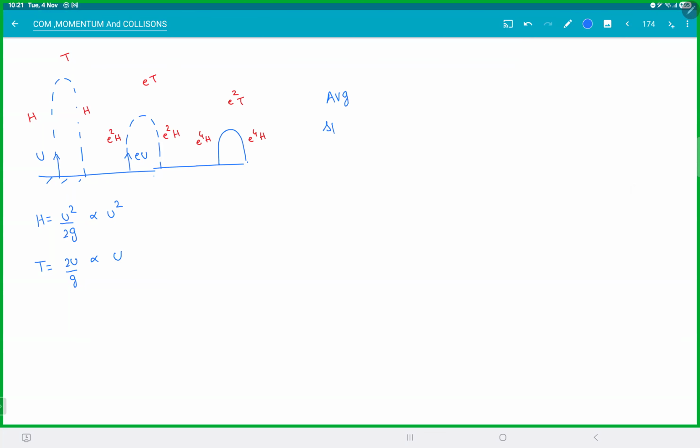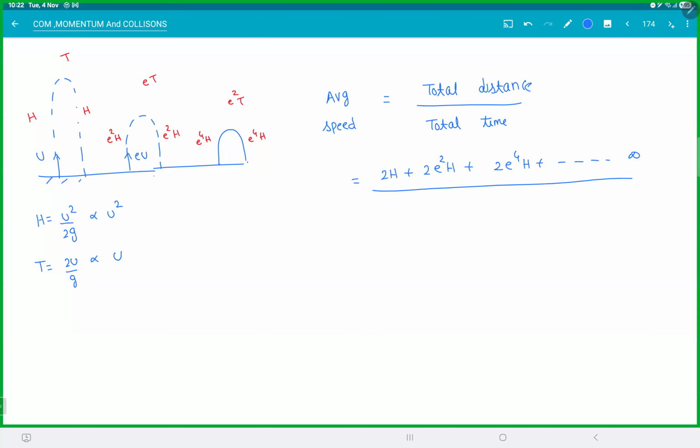So average speed will be total distance by total time. The total distance will be 2H plus 2 times e square H plus 2 times e power 4 H, and so on till infinity, by time will be T plus eT plus e square T, so on till infinity.